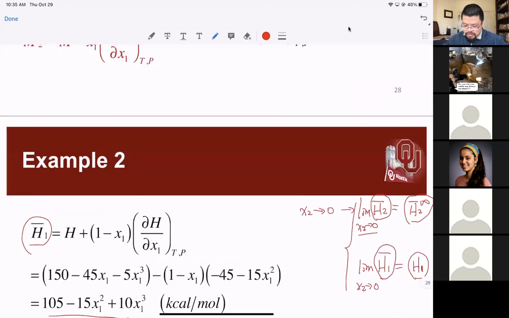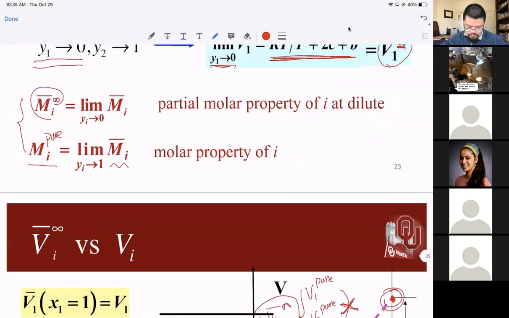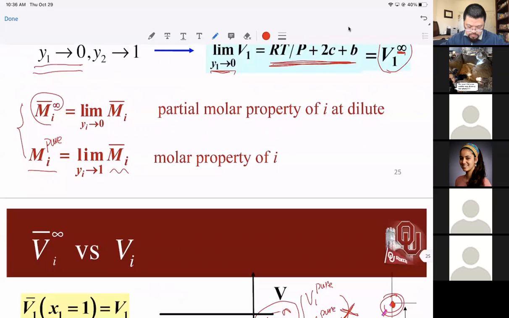On slide 25, the first equation describes component 1 and the second one describes component 2? No, they're always talking about the same component. But you changed it from H1 to H2. Well, they are two different conditions. Let's say y1 goes to 0.